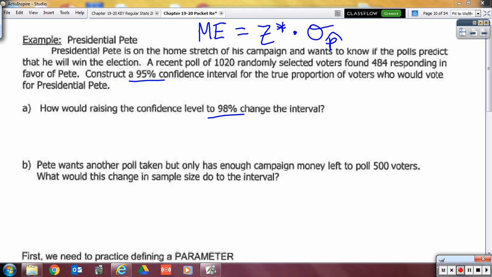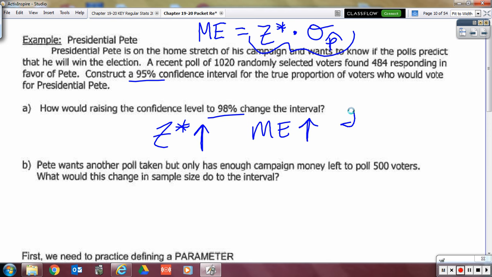Raising the confidence raises what number? Which of these things change? The Z, thank you, the critical value. So the critical value is going up. So now what is going to happen to the interval? The margin of error goes up, so the interval gets wider. Yep, gets wider.